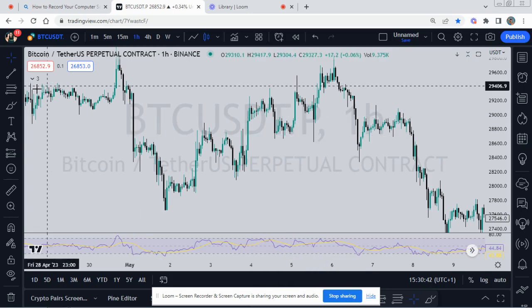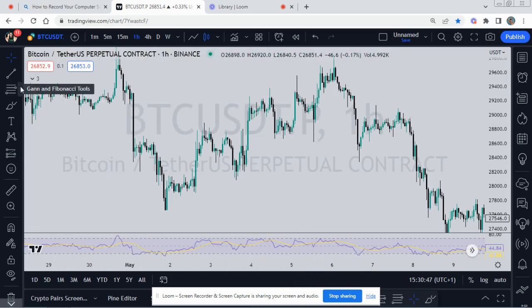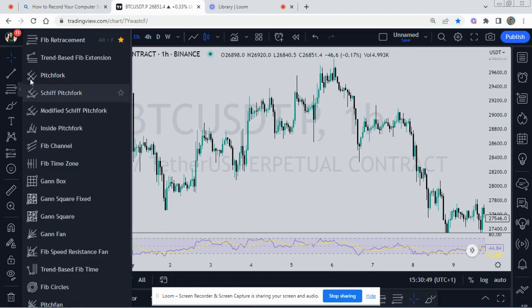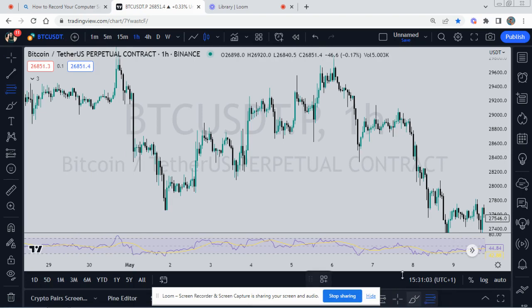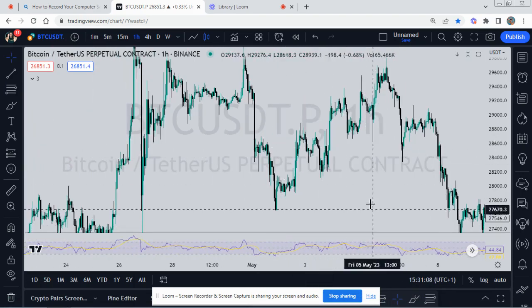On TradingView, from the toolbar, you can see your Fibonacci retracement tool at the top. The shortcut is Alt F, and when you click on this star, it will be added to your favorite tools.